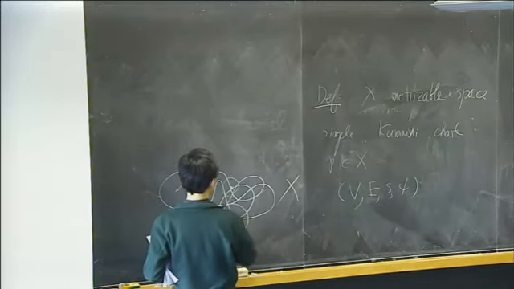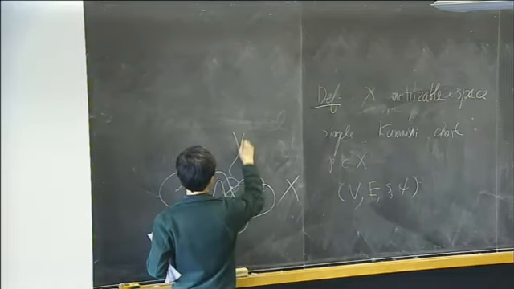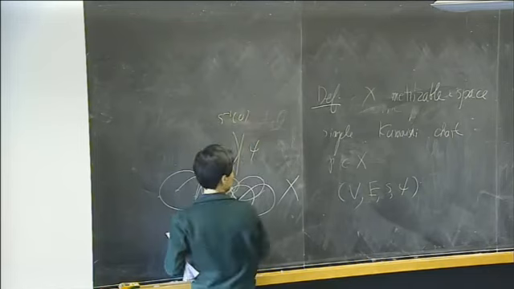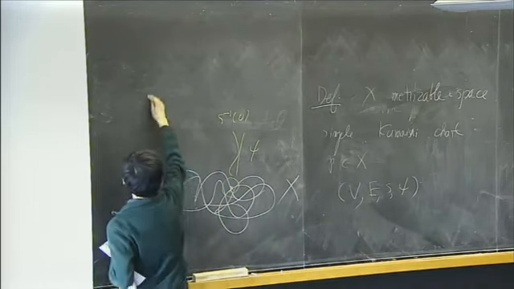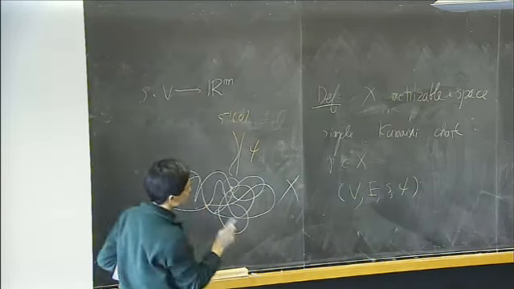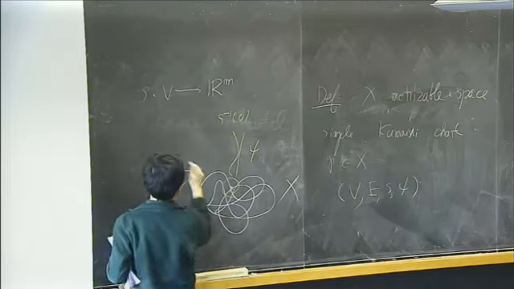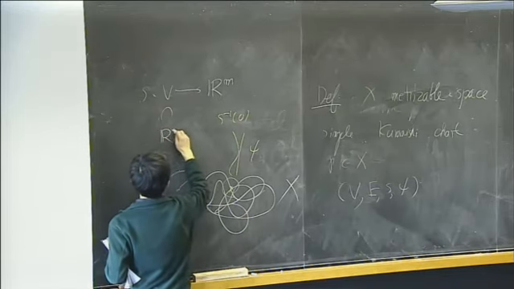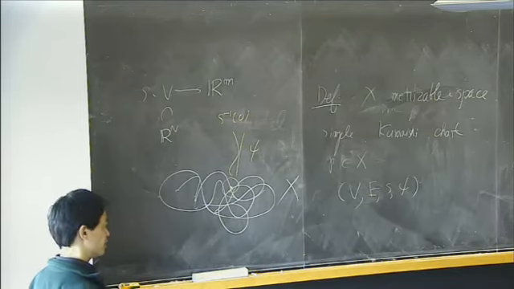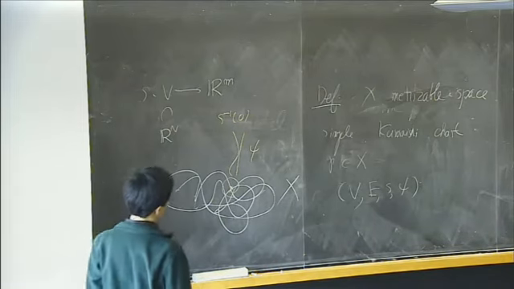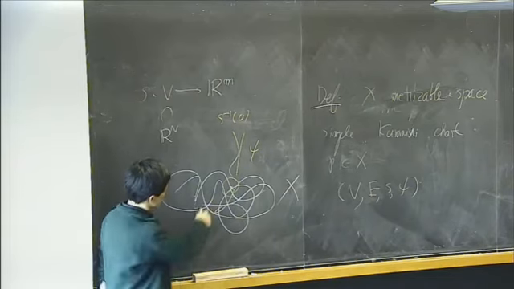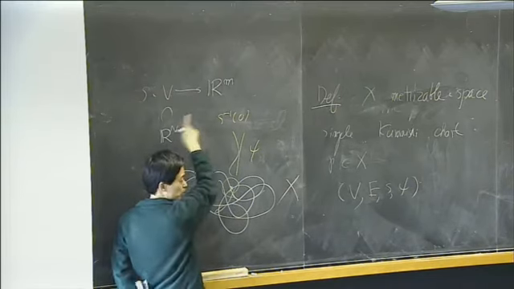This neighborhood is homeomorphic by C to S inverse of 0, where S is a map from V to R^N, and V is an open set of some Euclidean space. So that is the full picture, the neighborhood in the complicated X. Each point of X is horribly complicated, but you have a way to write these horrible things as the zero set of some smooth maps.